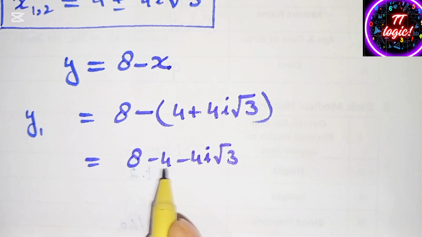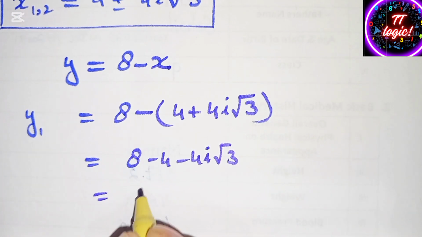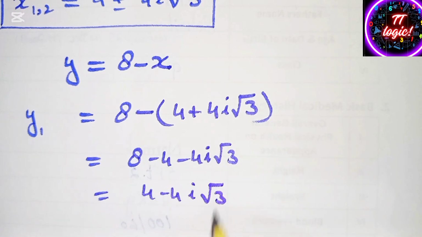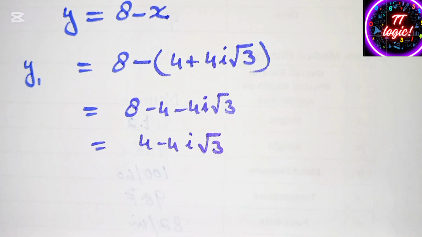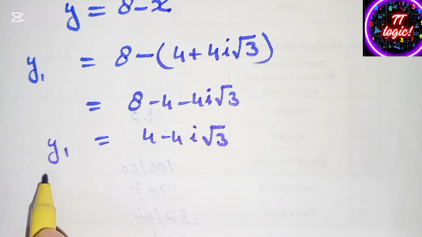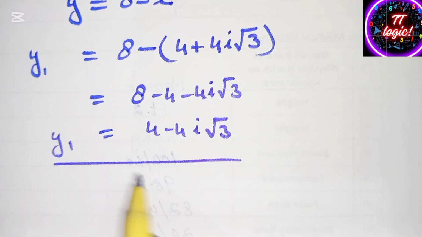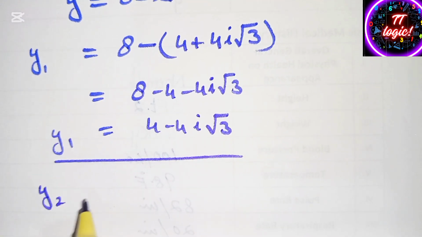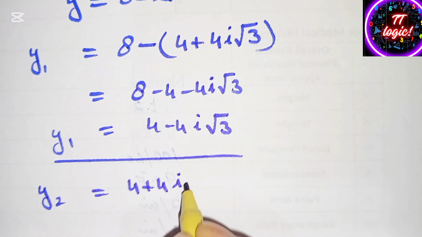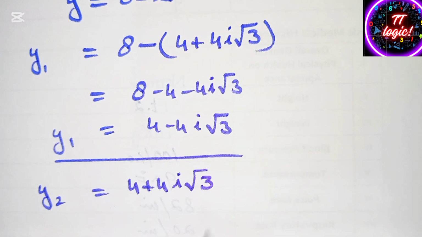Now 8 minus 4 is 4, so 4 minus 4i square root 3 is the first value of y. And the second value of y is 4 plus 4i square root 3.